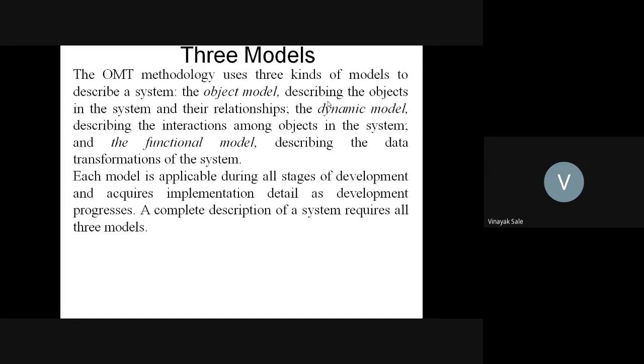And third, the functional model, describing the data transformation of the system. Each model is applicable during all stages of development and acquires implementation detail as development progresses. A complete description of a system requires all three models. Whenever you are writing any program, you require the three models: object model, dynamic model, and functional model.